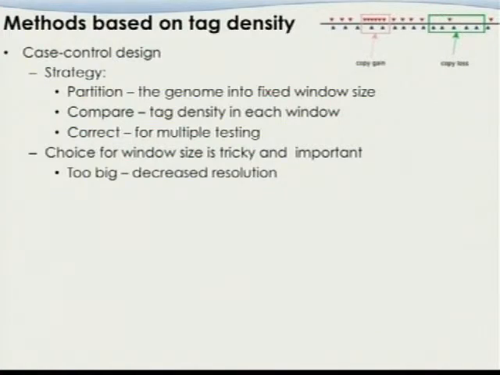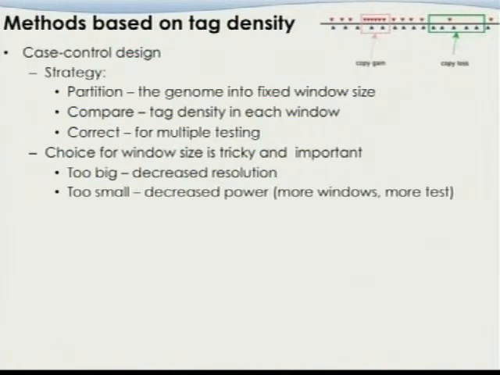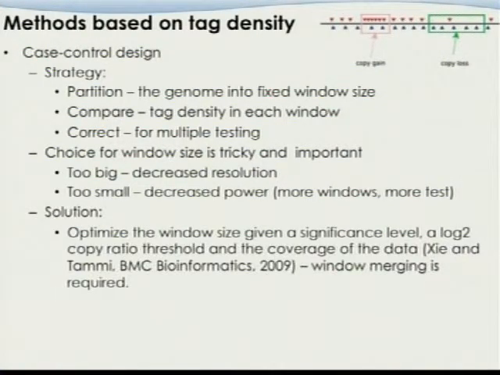But if you define your window too big, you are messed up with your resolution. However, if you define it too small, that also decreases the power, because the more windows you define, the more tests you have to correct. So once you come to the multiple hypothesis testing issue, you're decreasing your study power. So that is an issue.